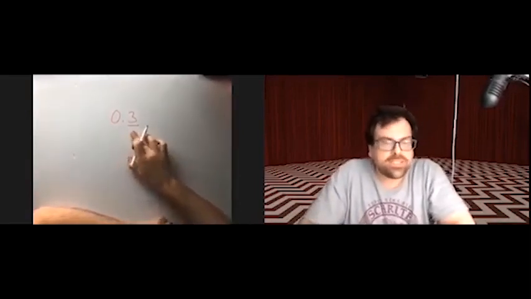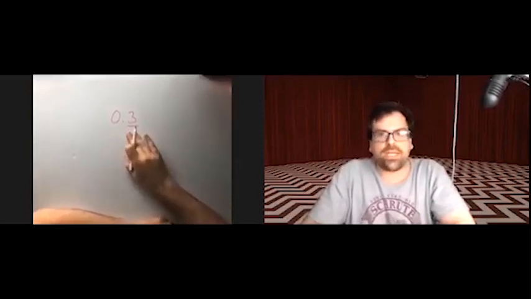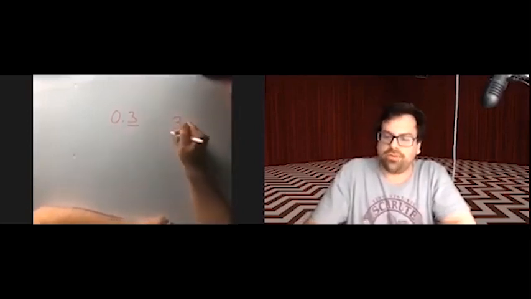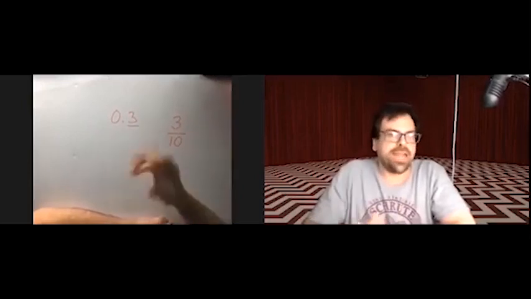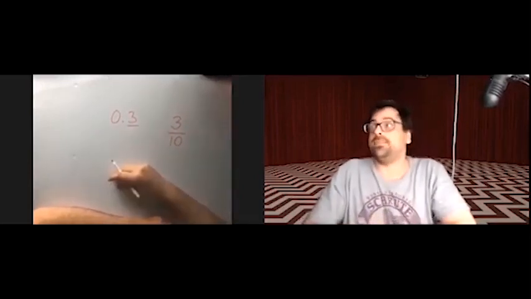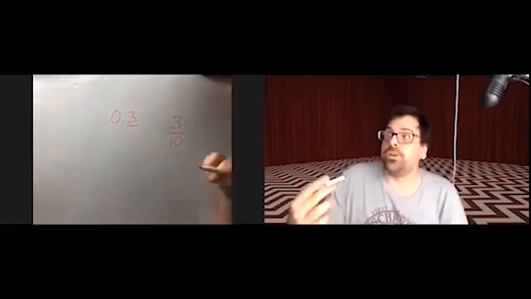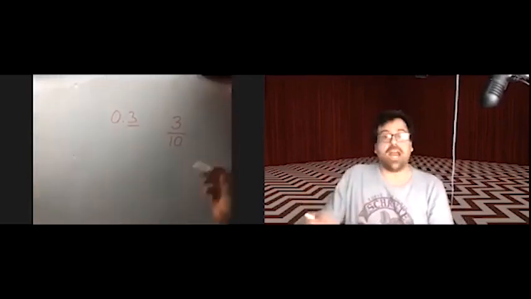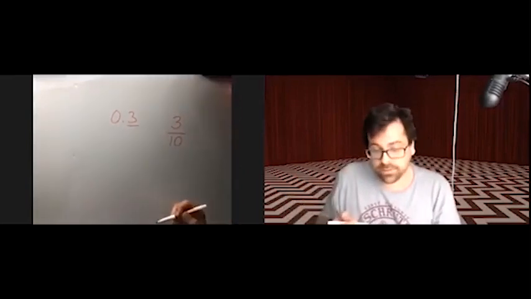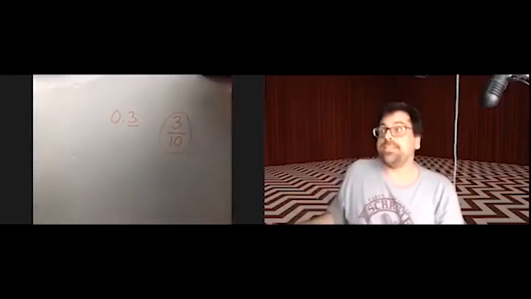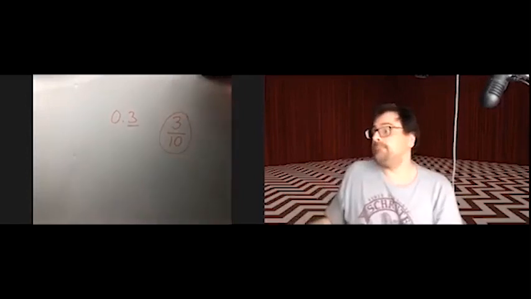It ends in the tenths spot. It's spoken 3. This is 3/10, which sounds an awful lot like the fraction 3/10. And that's because it is. So what we're going to do is convert a bunch of decimals to fractions or mixed numbers. And then we're going to make sure our answer is completely simplified.